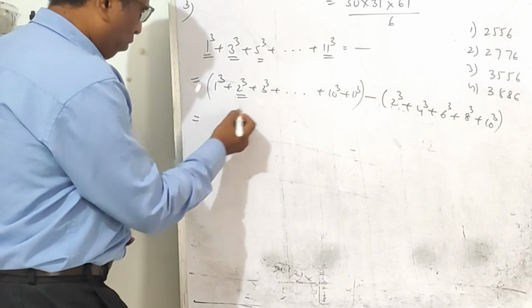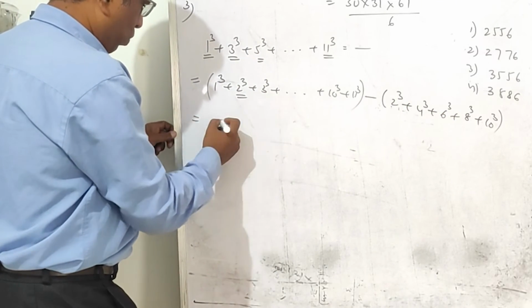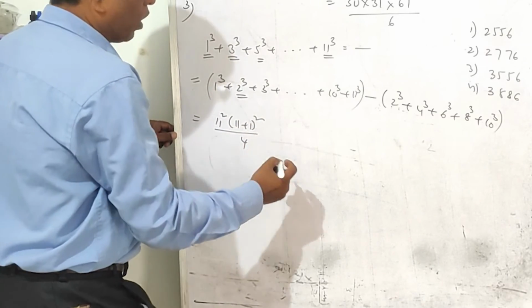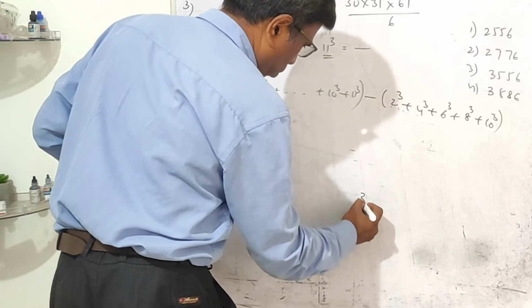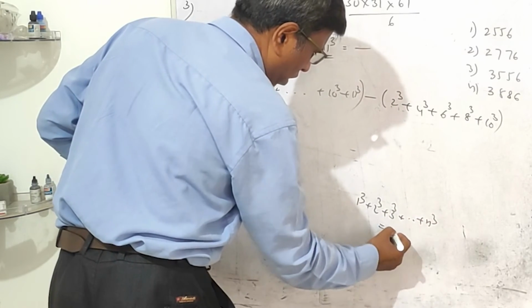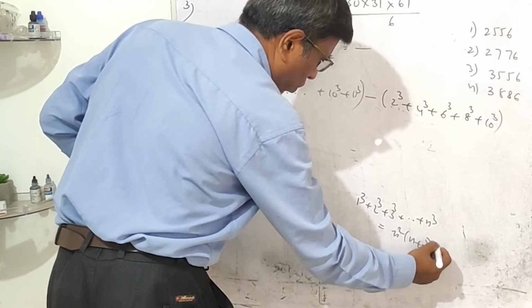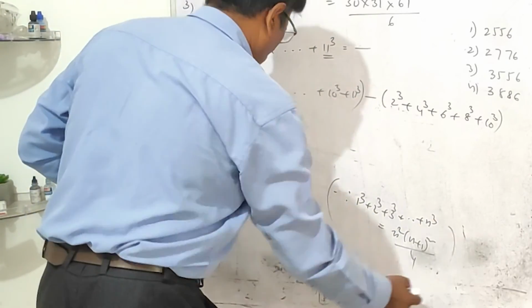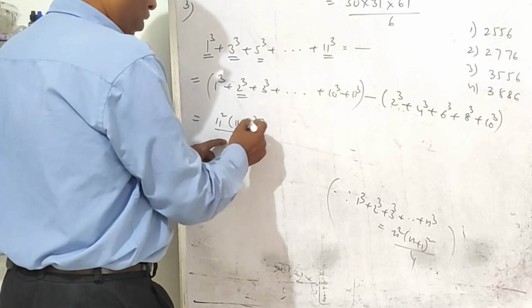I know the formula for this: 1 cube, 2 cube, 3 cube and so on up to n cube is n square into n plus 1 whole square by 4. So here n is 11: 11 square into 12 square by 4.